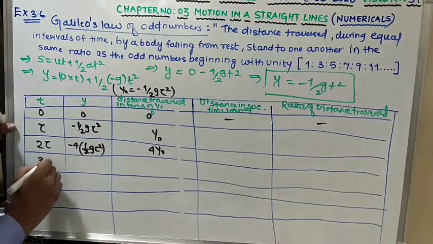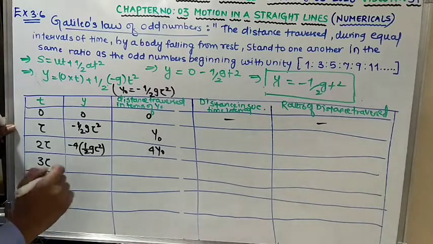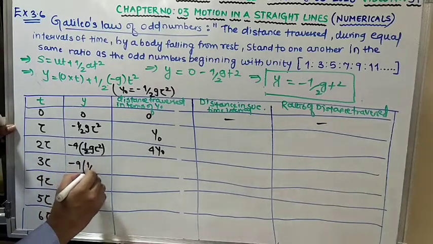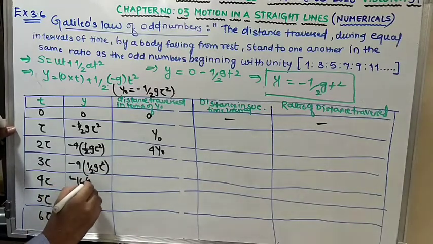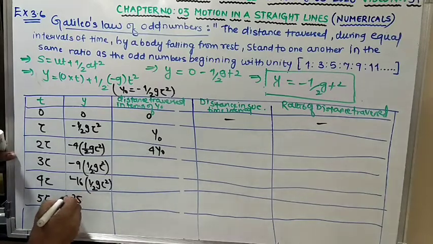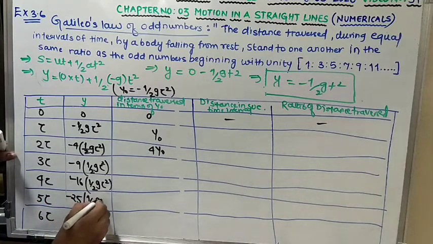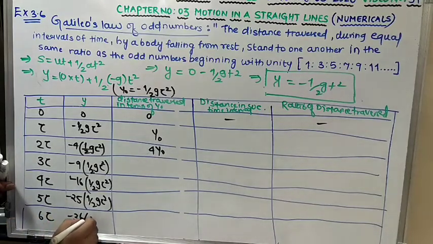Next I am taking 3 tau, 4 tau, 5 tau, 6 tau. So 3 tau will be 9 times half g tau square, 4 will be 16, 5 will be 25, and last is 6, that is 36 times half g tau square. Till this clear?